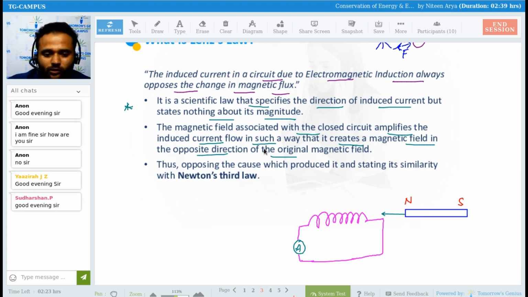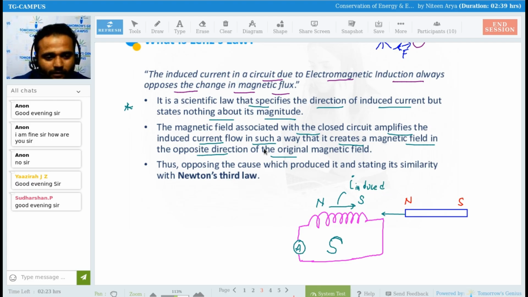So the production of this particular current is going to be in this way, southwise. Southwise means in this manner. So this particular pole becomes south, or this particular pole becomes north. Simple. If it becomes south, my current is going to be in this way. This is my I induced. So what is going to happen here?